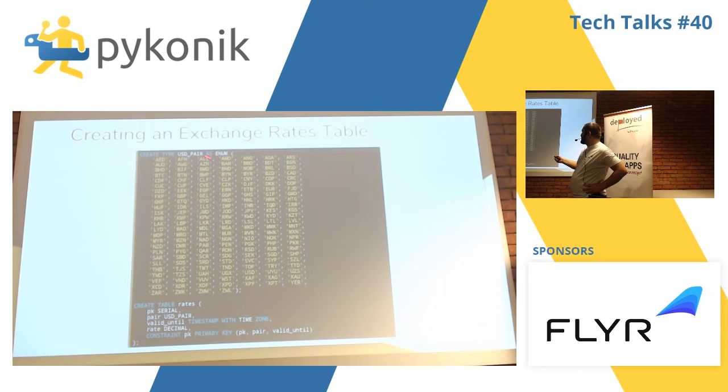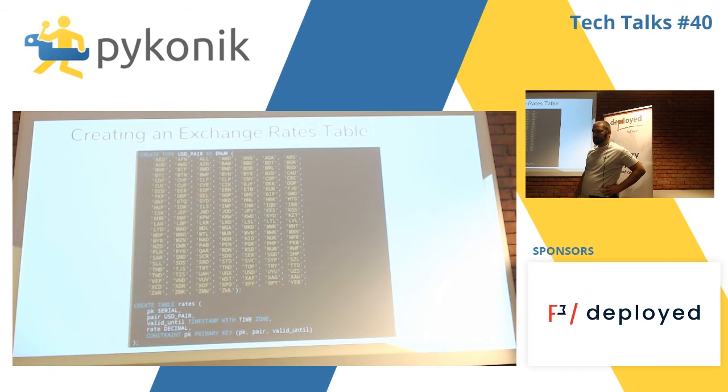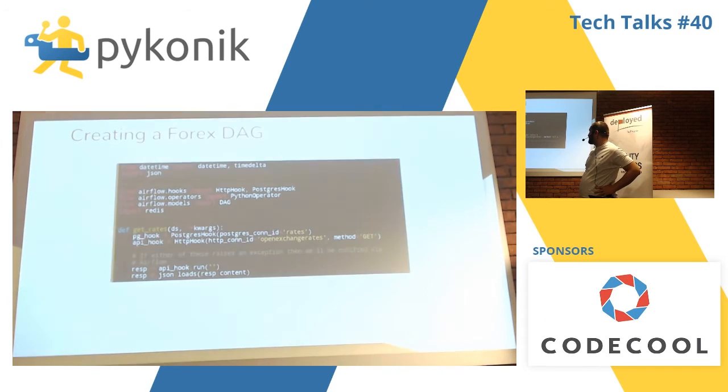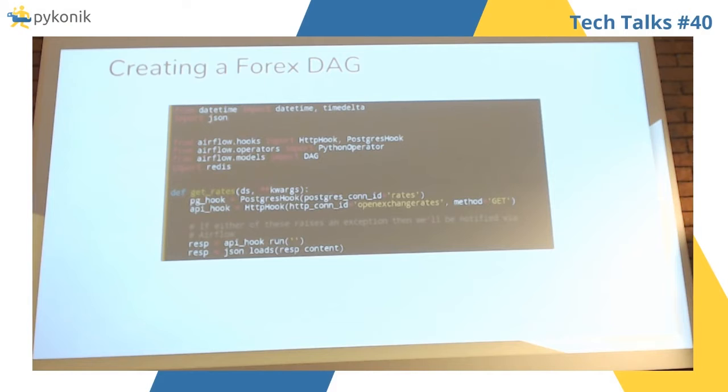and we create some database. I write all the currencies that you can get from this API. So we create a simple table with rates. And there we start with the forex DAG.